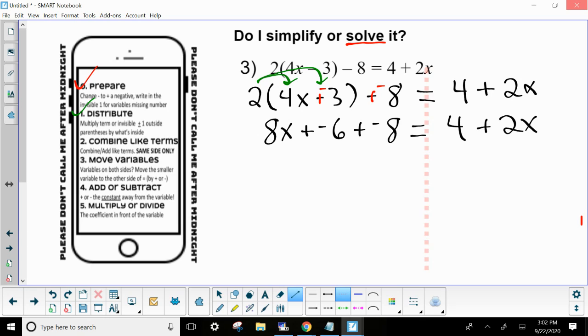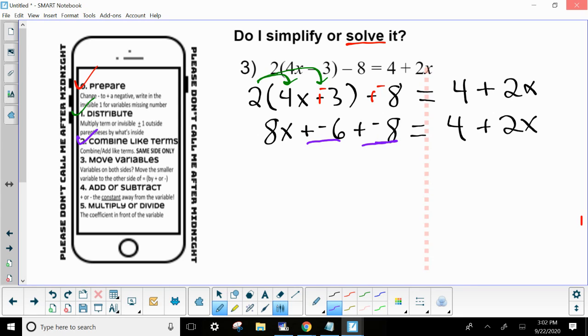The next step tells me that I need to combine like terms on the same side only. If I look on this side, is there anything that looks like my 8x? The answer is no. But what about the plus negative 6 and the plus negative 8? Those are 2 terms that we can combine.